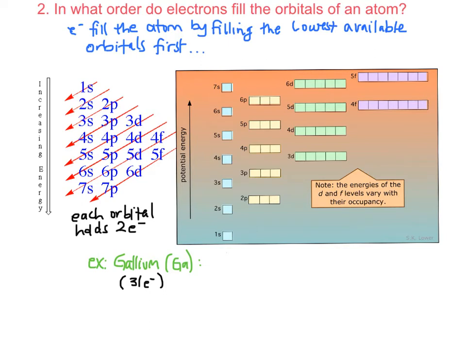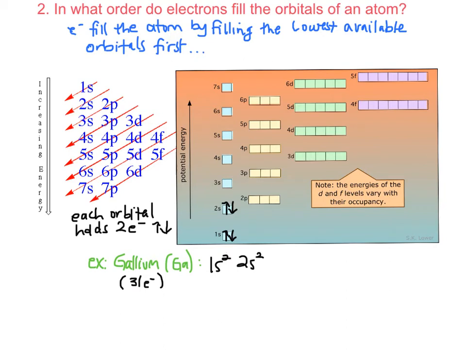And hopefully you remember that when you draw the electrons in an orbital, you draw them as arrows, one up and one down. So gallium, with 31 electrons: 2 of them will go in the 1s orbital first, so we'll have 1s2. And then 2 of them will go in the 2s orbital, so 2s2. That gets us to 4 electrons.